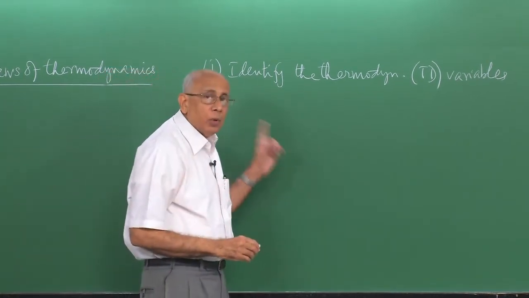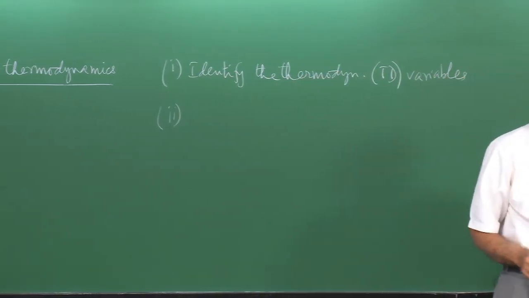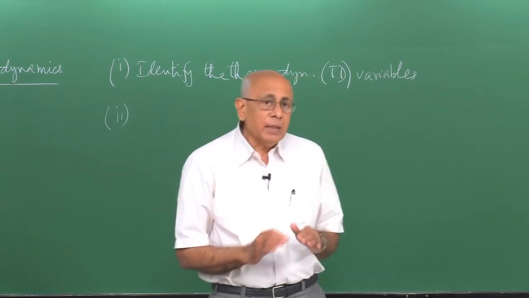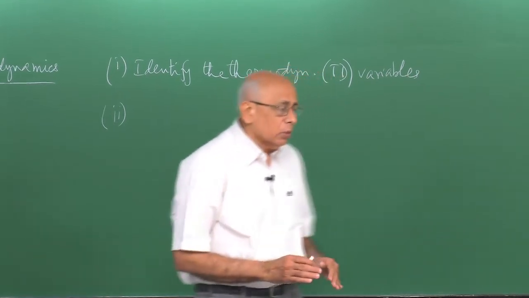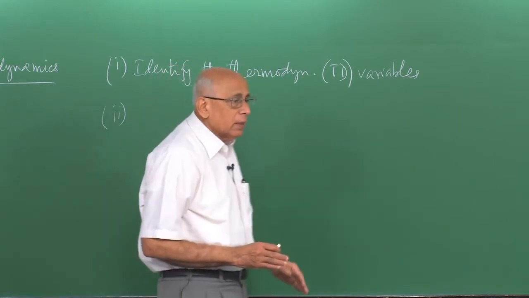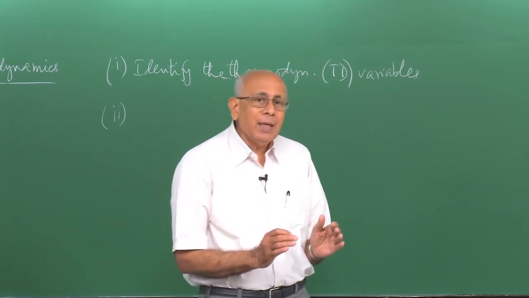Then step 2, and this is a slightly more difficult step, is to identify those extensive variables which provide a complete description of the system. So we may have a large number of intensive and extensive variables. On the other hand, a smaller set among this set of variables are going to be the independent variables.